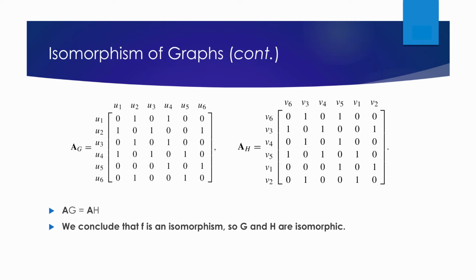Because A_G equals A_H, it follows that f preserves edges, and we conclude that f is an isomorphism, so G and H are isomorphic. Note that if it had turned out not to be an isomorphism, we would not have established that G and H are not isomorphic, because another correspondence of the vertices in G and H may be an isomorphism.